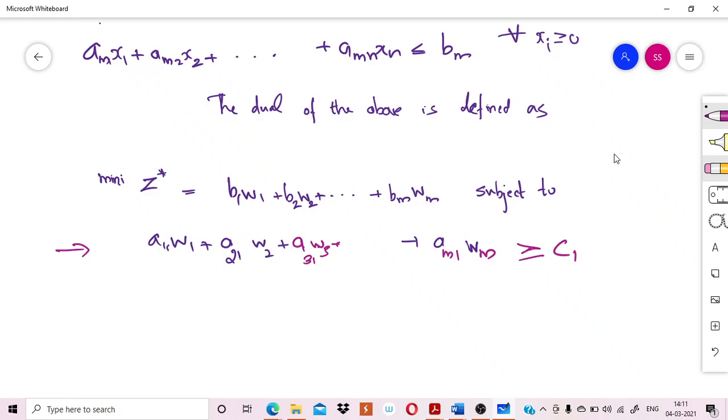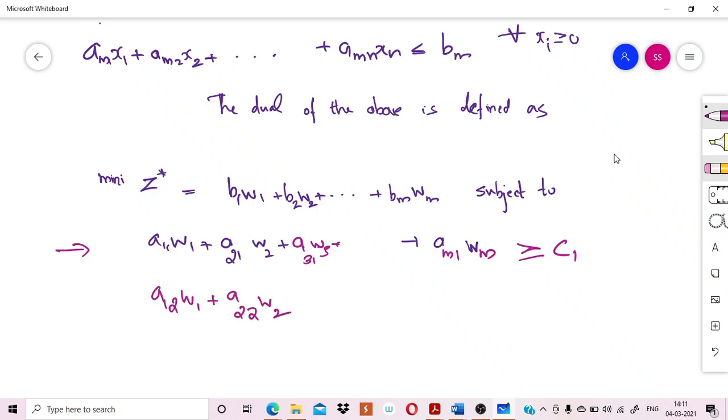So we have the next, A12 W1 plus A, then the second row, that means your second column. So A12 and A22.